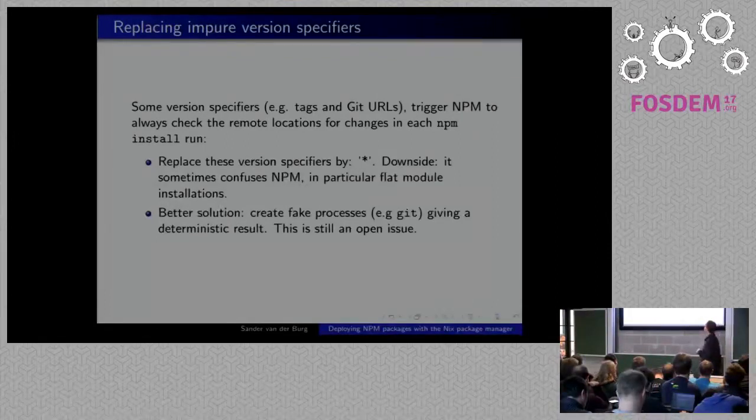So I need to bypass that, and what I do currently is I bypass the version number by a star, but that's not really a nice solution because sometimes npm gets confused by it. But better would probably be to fake the Git process to always give a deterministic result. But that's still a work in progress I'm thinking about.